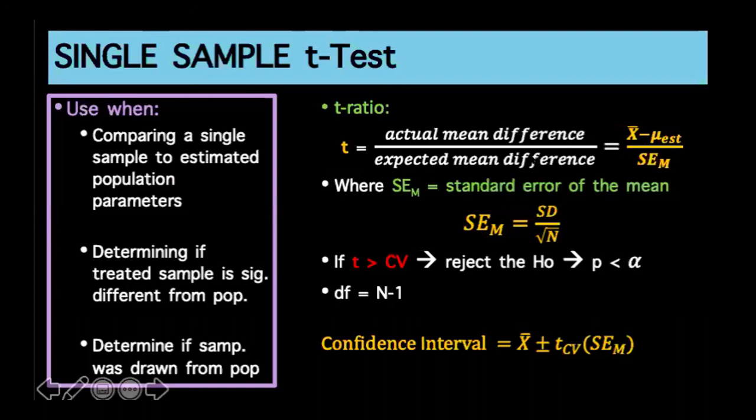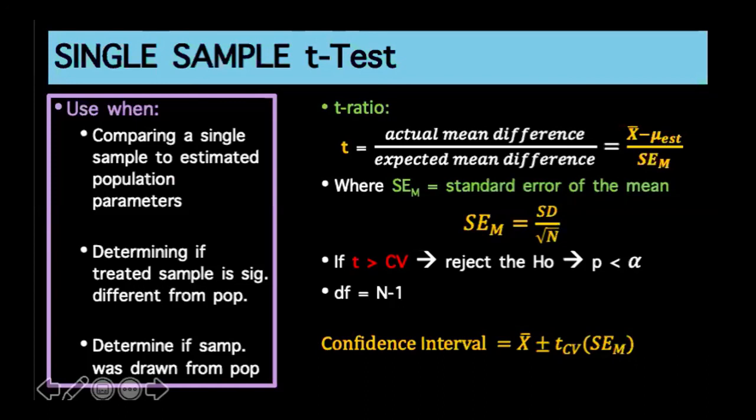So t-ratios are a lot more common than the z-score confidence interval equation, just because we don't usually actually know the population mean. You take the actual difference that exists within your sample, and then you divide it by the standard error of the mean, which is just standard deviation divided by the square root of n.